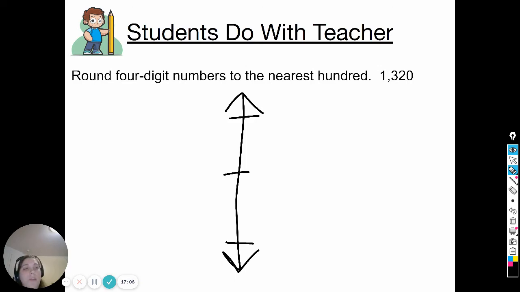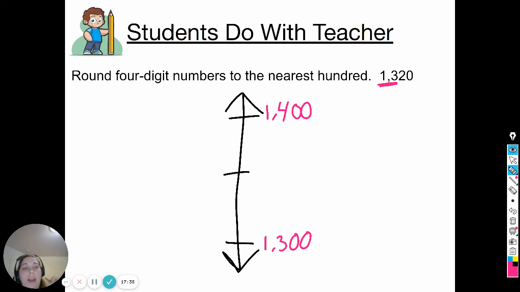Okay, so you should have your numbers on there already. For the bottom number, I'm going to look. I've got 13 hundreds, so I'm going to keep 13 hundreds. Now I need to add one more hundred to get my top number. 13 plus 1 is 14, so I've got 14 hundreds.